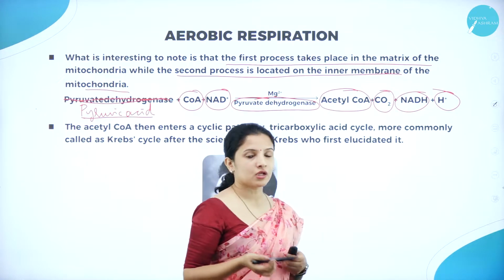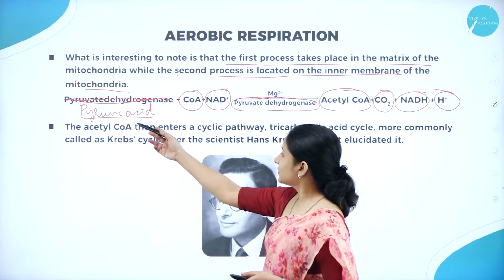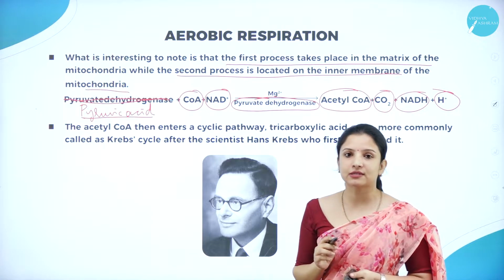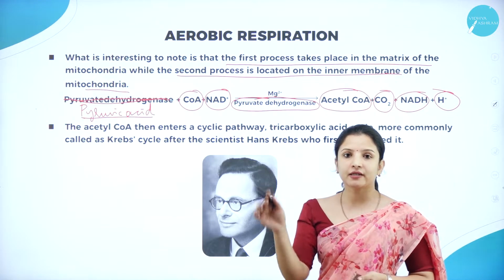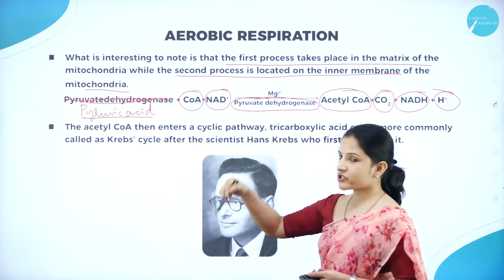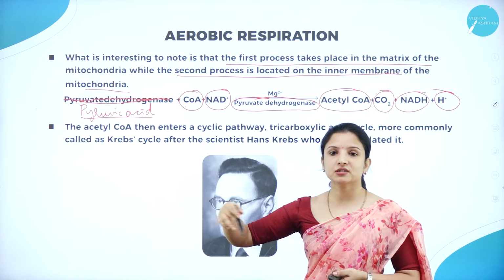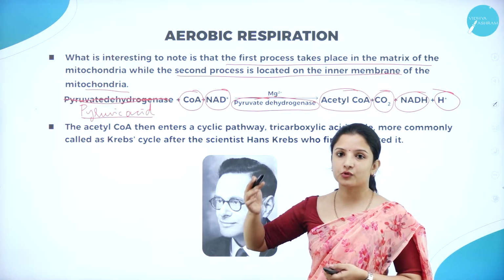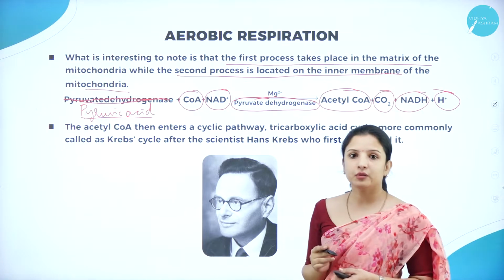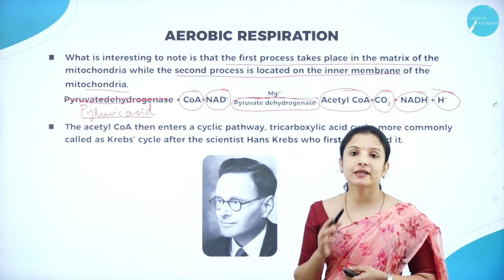Now it is understood. It just looks like a simple single step, but this is actually a cycle which is a continuous process, because oxidation is occurring there, carbon dioxide is being released out. It is a continuous process wherein acetyl-CoA will be formed, and it is called the Krebs cycle.